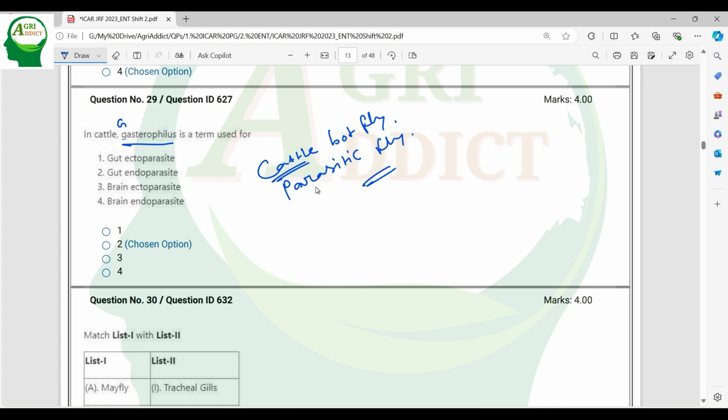This Gastrophilus or the botfly, so they are the endoparasitic insect. Where? In the gut. So gut endoparasite is the correct answer. So in the veterinary pest and household pest chapter, you can find this cattle botfly, blue botfly, several insects are there. So just go through this medicinal and veterinary pest part once.